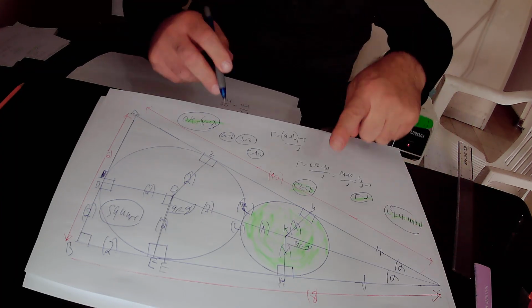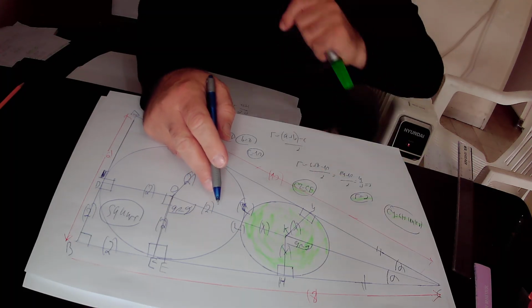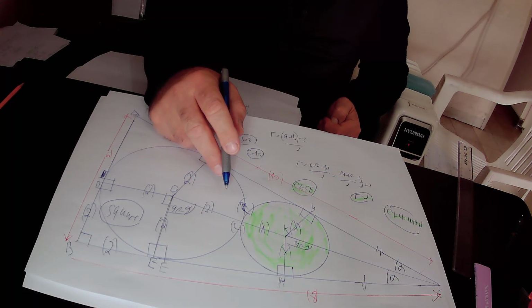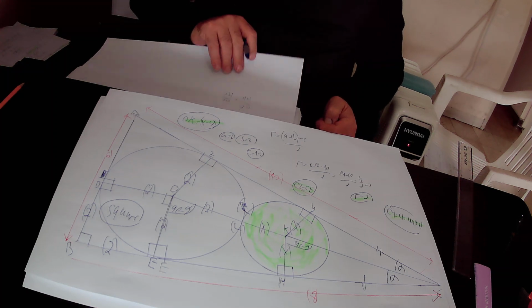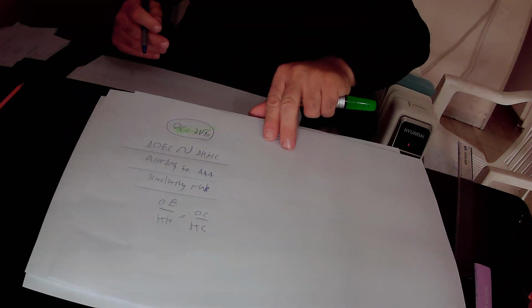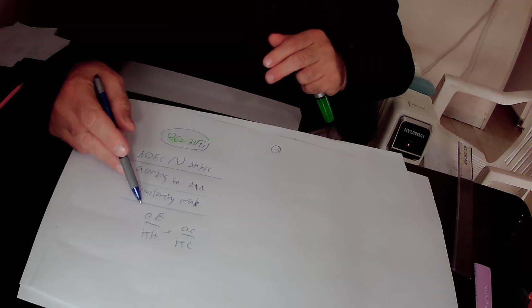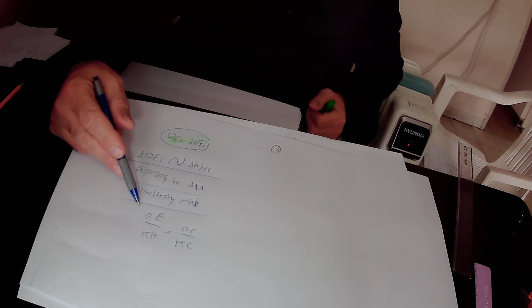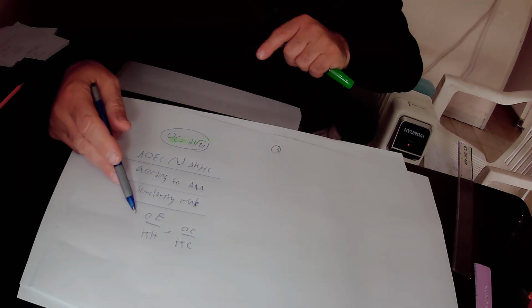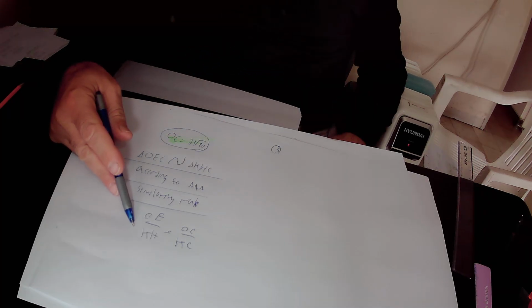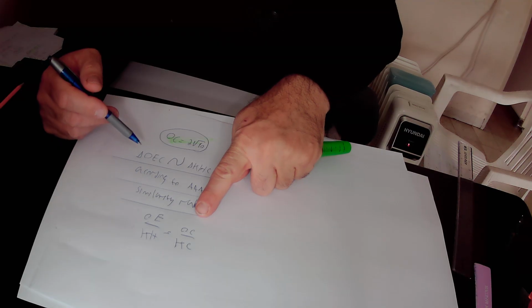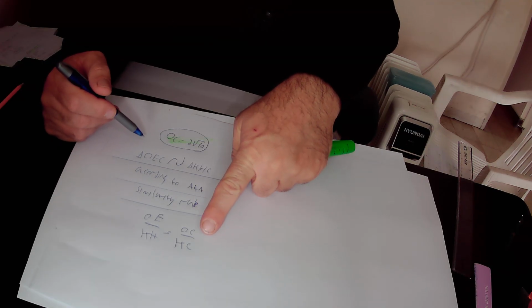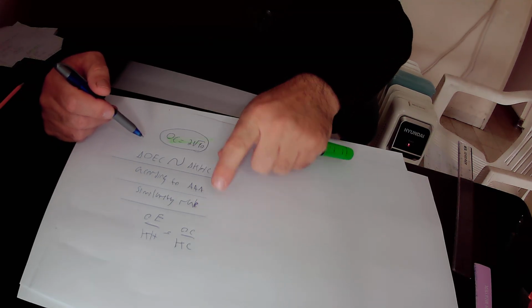And again, from the similarity, we will derive that side OE of the big right triangle OEC over side KH of the small right triangle KHC is equal to side OC of the big right triangle OEC over side HC of the small right triangle HKC.